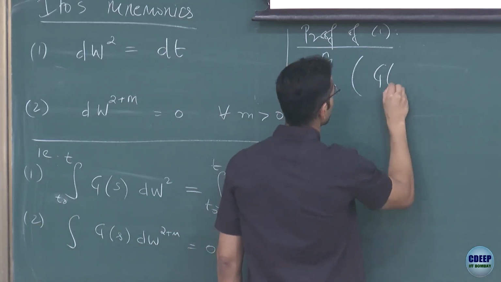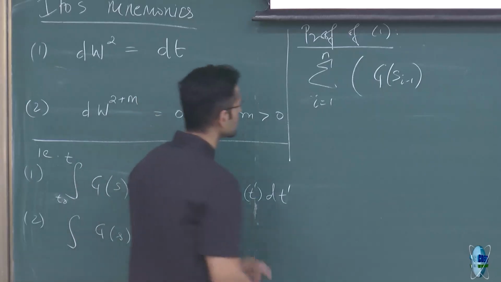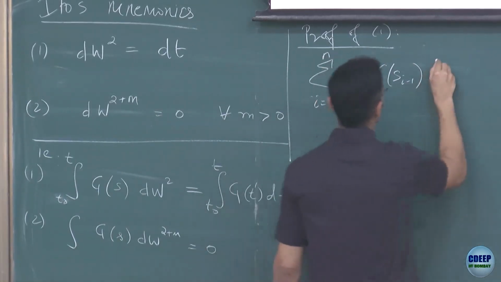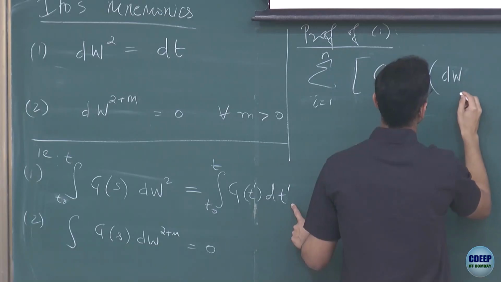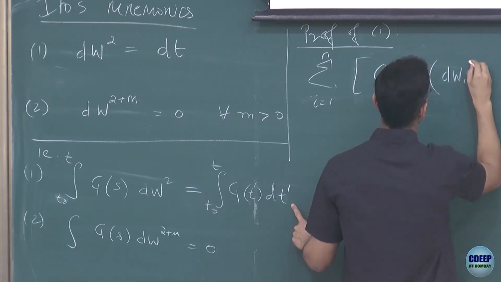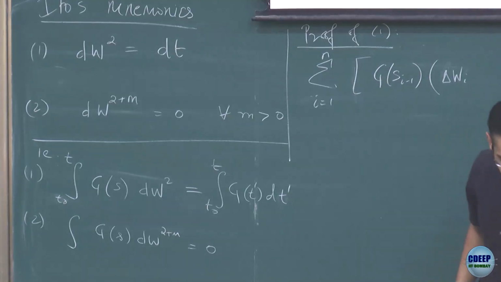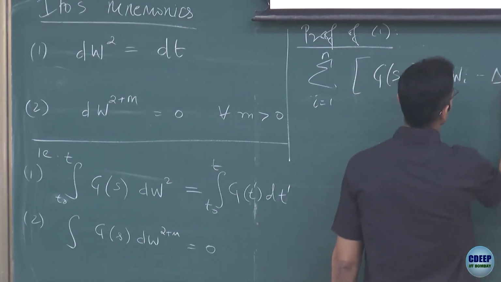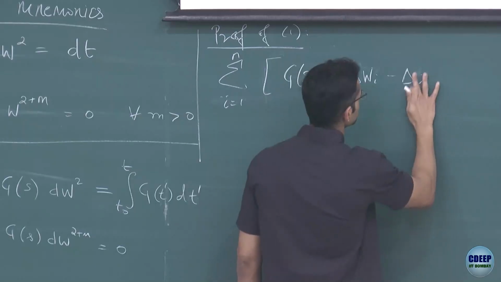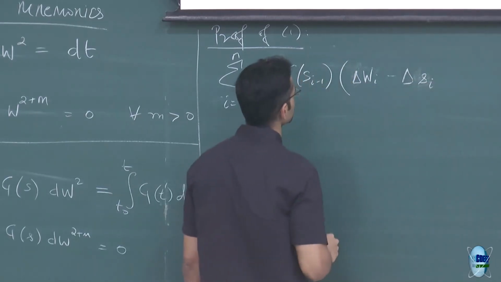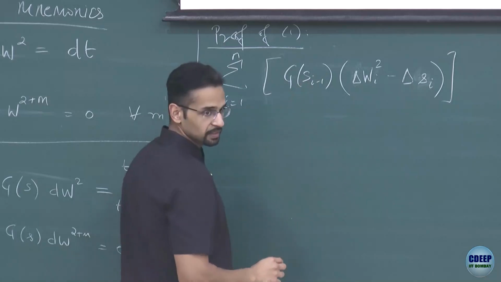So I'll get G at t_{i-1}, remember it's Ito calculus, multiplied by the difference of these two: delta W_i squared, because now I'm discretized, minus delta t_i, or delta s_i since I used s. And the variance of this difference has to be 0.